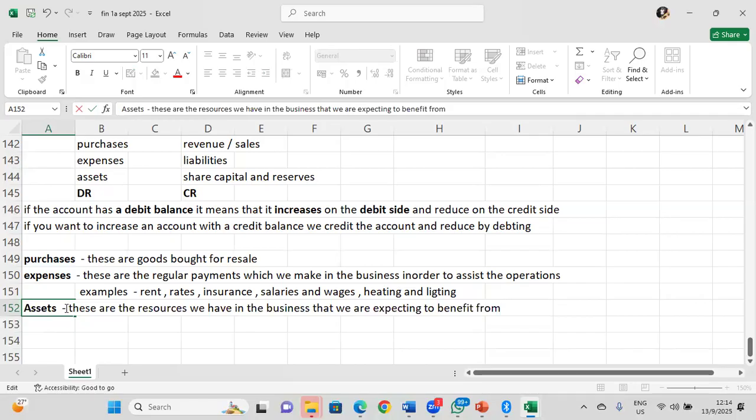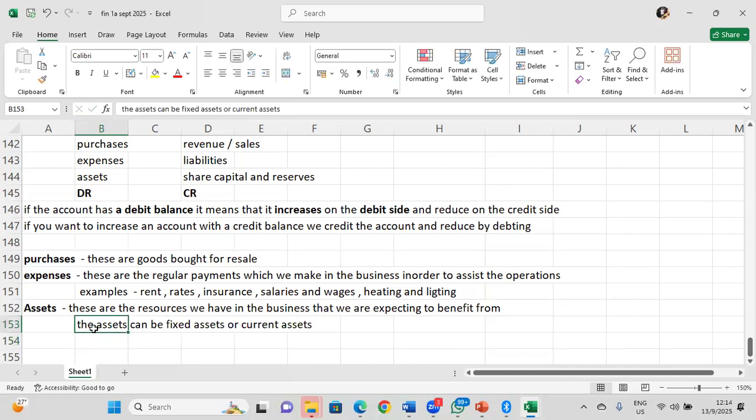The assets of the business can be assets that stay for a long time, which we call the fixed assets, and those that do not stay for a long time, which we call the current assets. So the assets can be fixed assets or current assets.